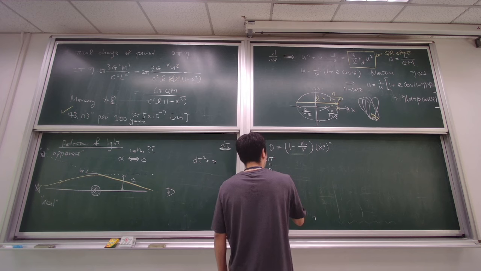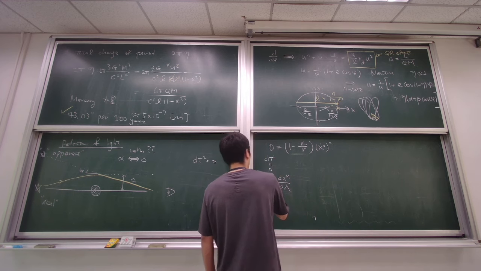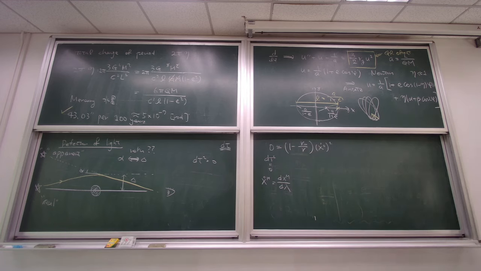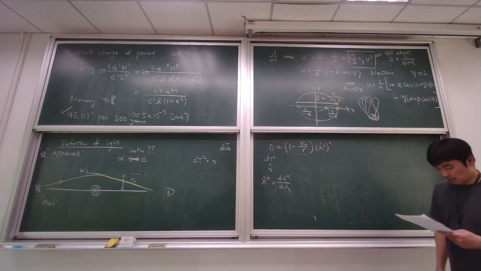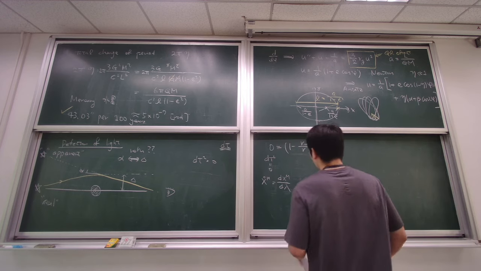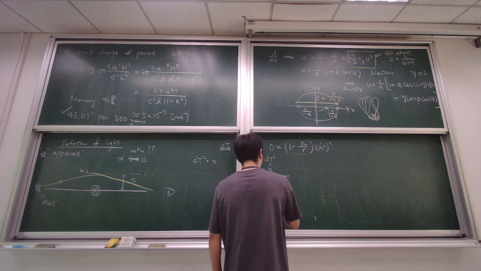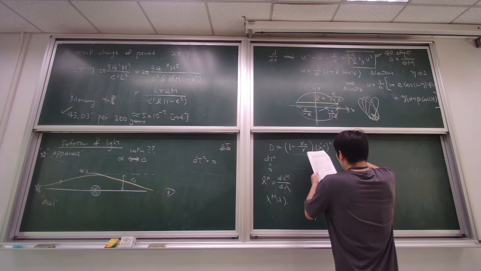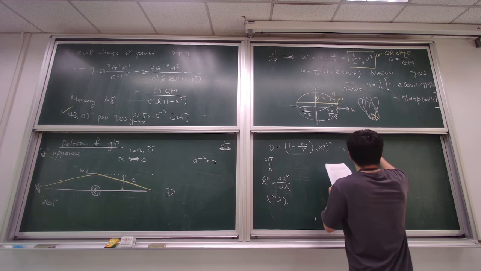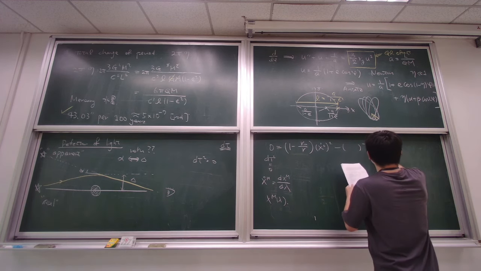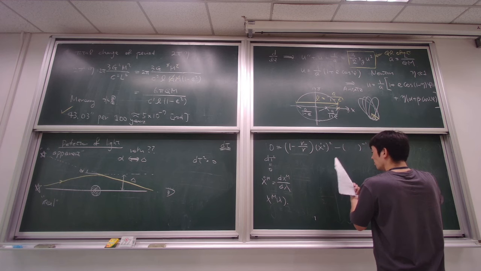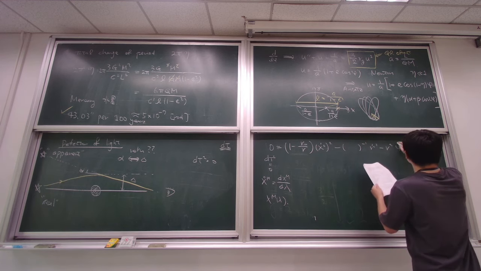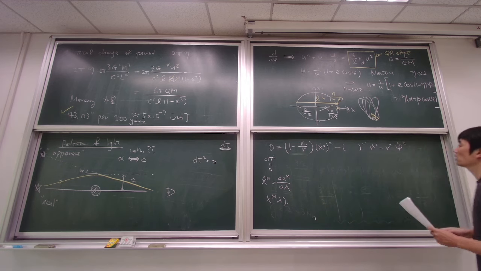Here I call it lambda, some kind of parameter that measures the trajectory of light. So now x mu is a function of lambda. Then the rest of the computation is the same.